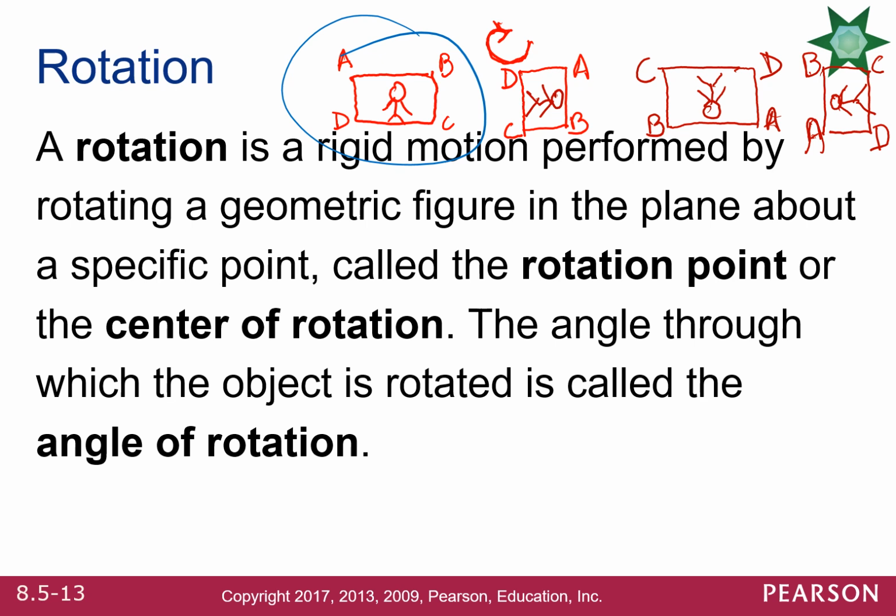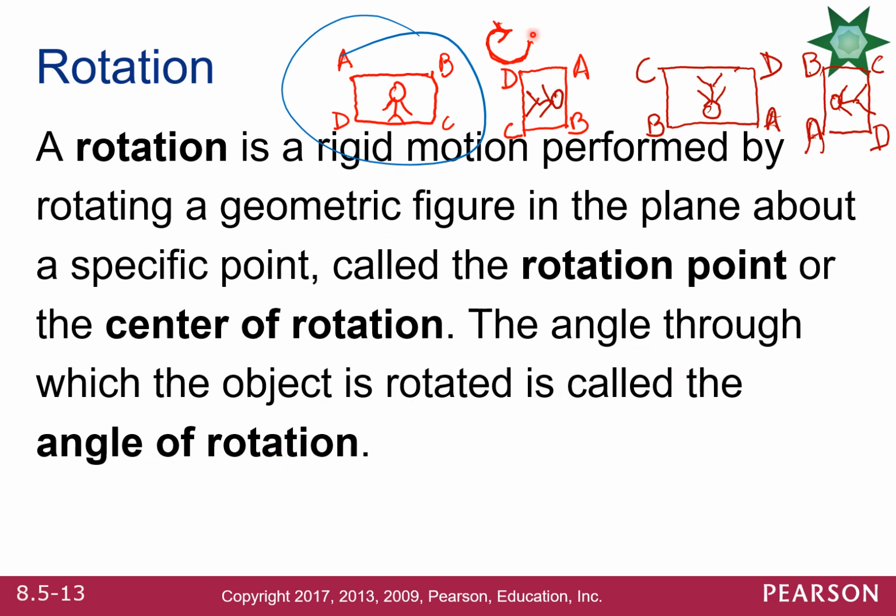So let's just read through it. It says a rotation is a rigid motion performed by rotating a geometric figure in the plane about a specific point, called the rotation point or the center of rotation. So that rotation is done with reference to a rotation point. The angle through which the object is rotated is called the angle of rotation.